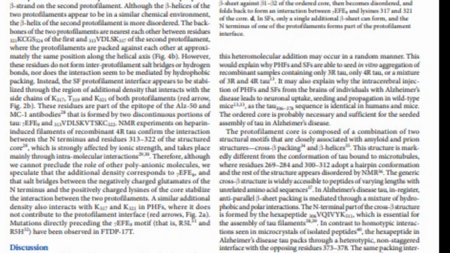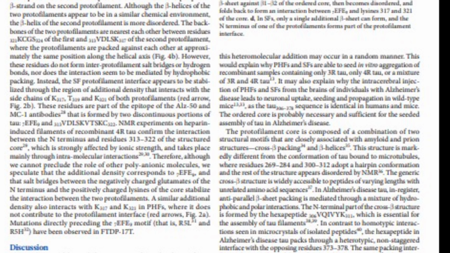However, these residues do not form interprotofilament salt bridges or hydrogen bonds, nor does the interaction seem to be mediated by hydrophobic packing. Instead, the SF protofilament interface appears to be stabilized through the region of additional density that is interacting with the side chains of K317, T319, and K321 of both protofilaments.